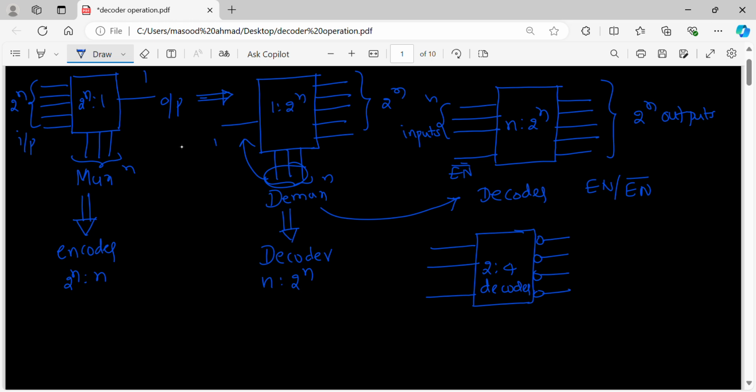So data inputs, say D0, D1, outputs Y0, Y1, Y2, Y3. This is known as active high inputs, whereas outputs, if you see, active low outputs.